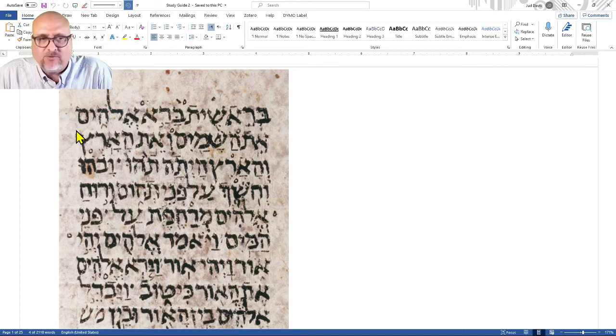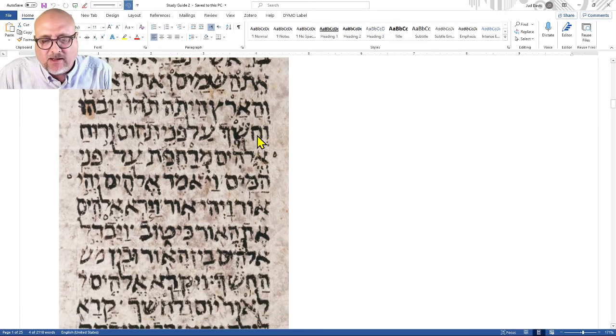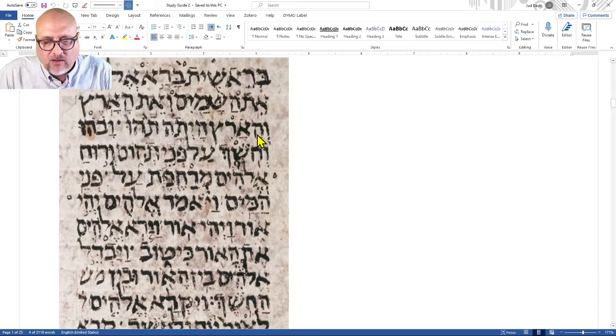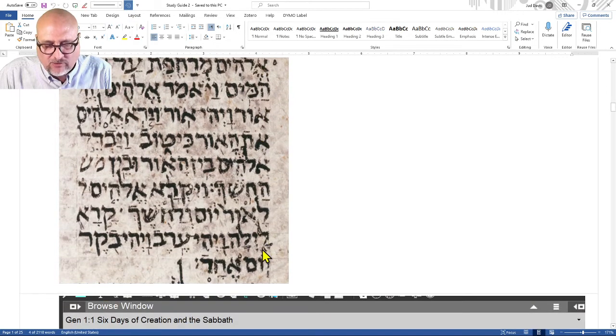Maybe if I live to 100 years old, you can call me up and say, Judd, they finally published the Oxford Hebrew Bible, and I'm going to be saying, yay, but they'll publish it maybe in 50 years. But for now, what they're doing is reprinting this text. And so this is the actual picture through verse 5, Yom Echad.